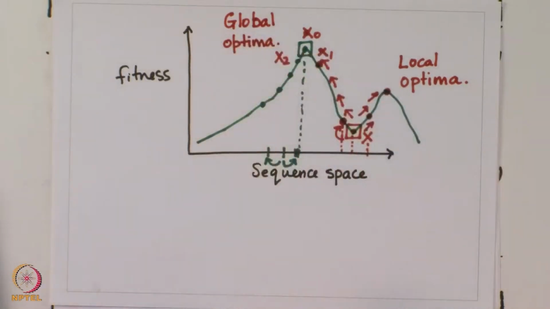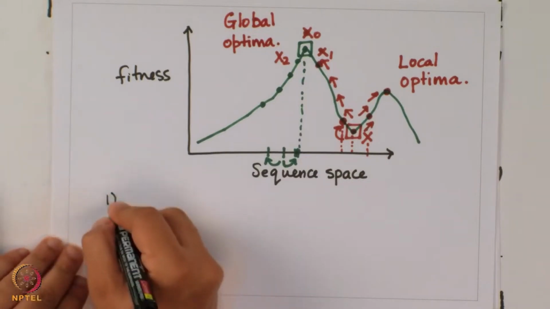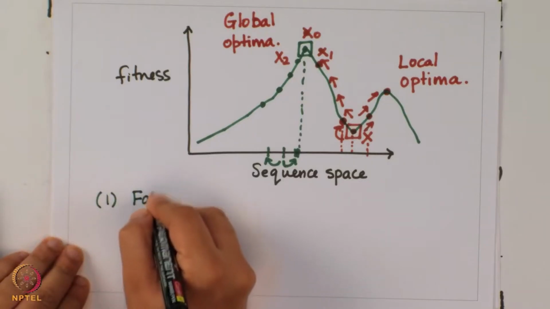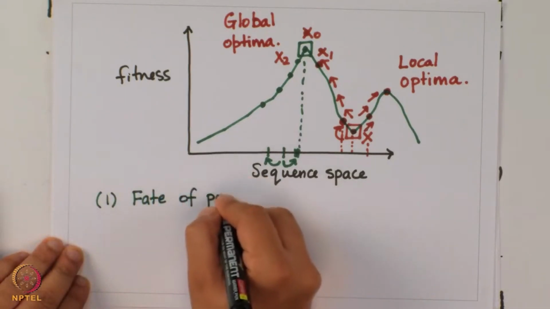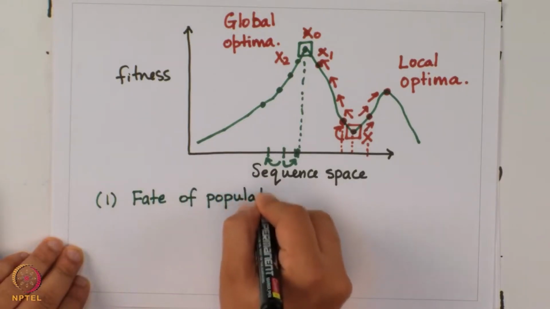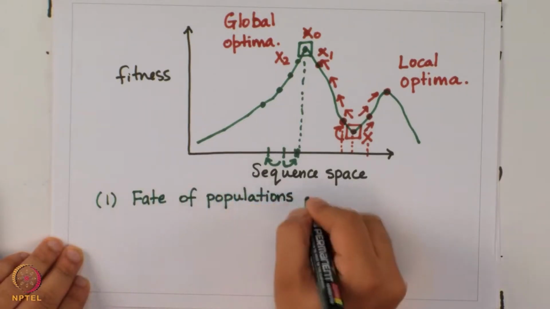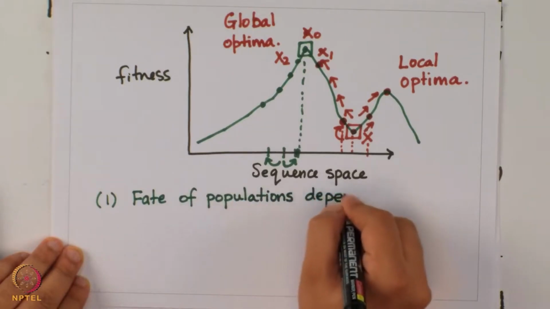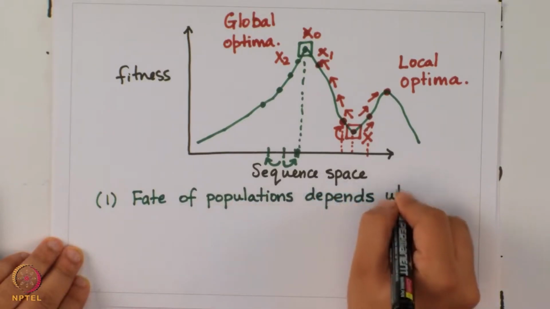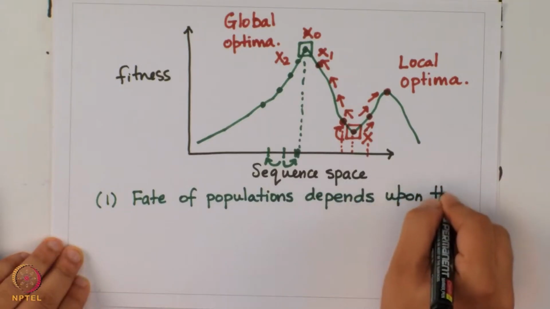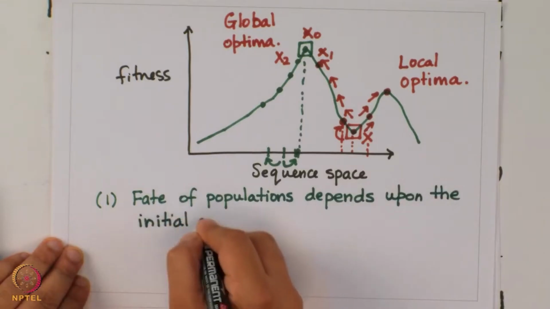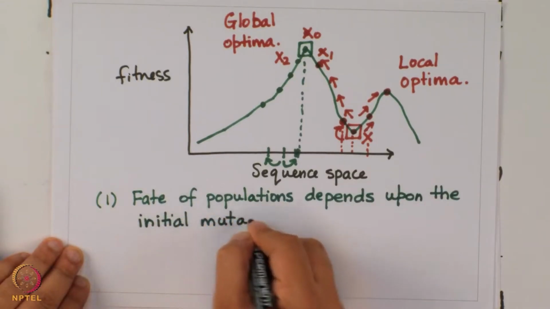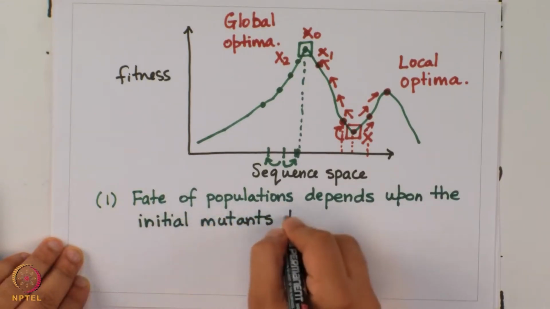So that is the first aspect that we want to highlight here, that the fate of populations when they are moving on fitness landscapes depends upon the initial mutations or initial mutants that arise in the population.